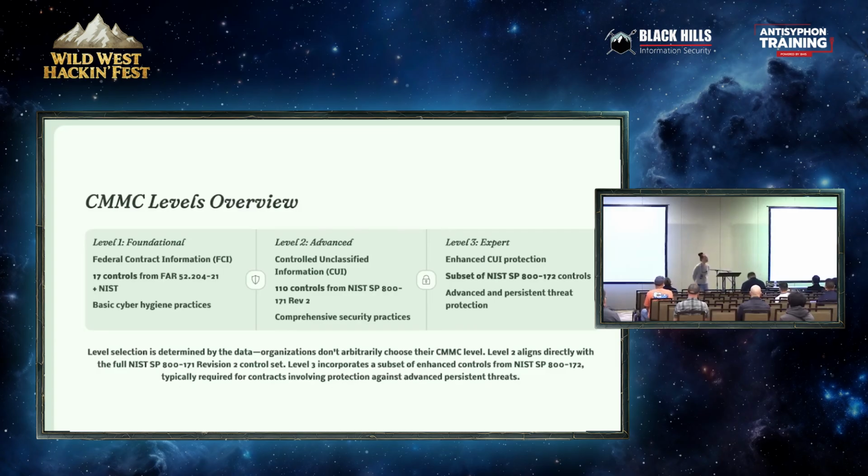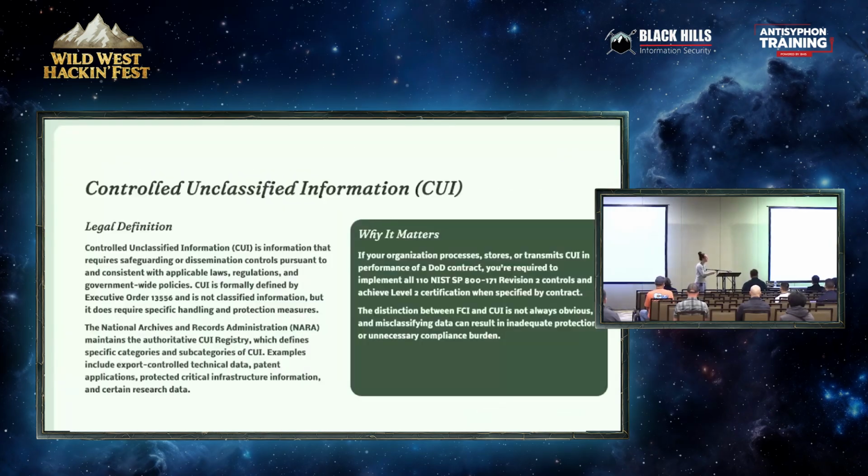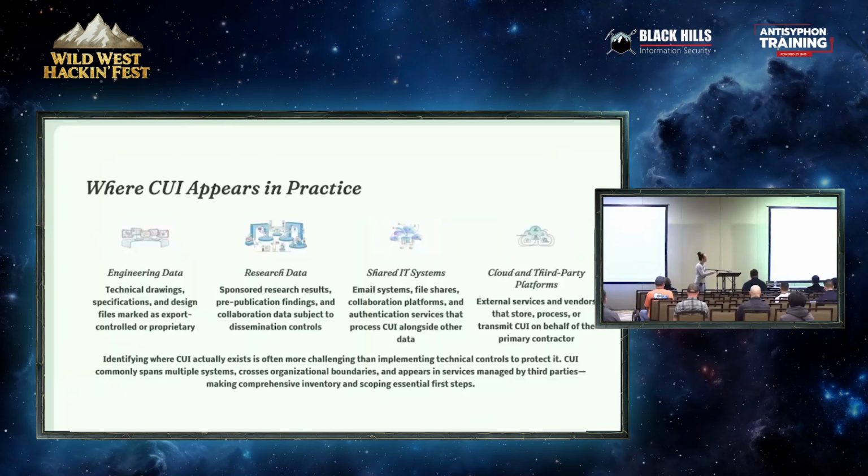So really here again, level 1, your foundational, is your contract information. That's your contract itself. So that is going to be at level 1. Really, level 2 is when you start moving to that. Okay, again, this is how we're actually implementing. All right.